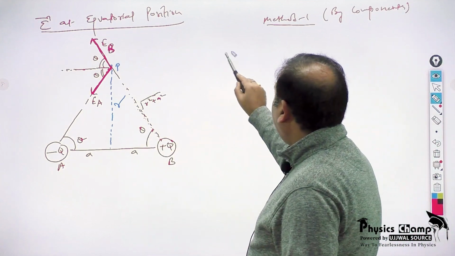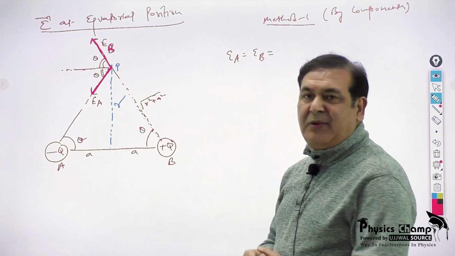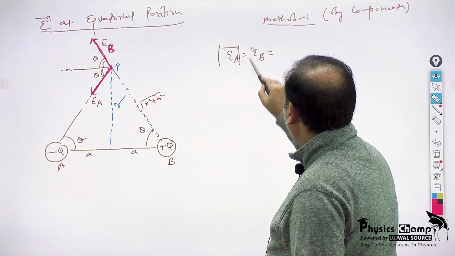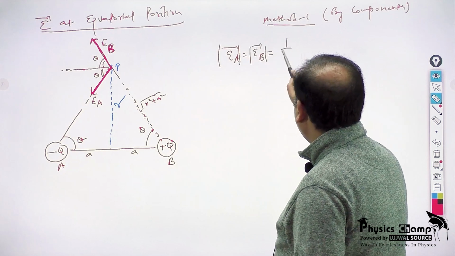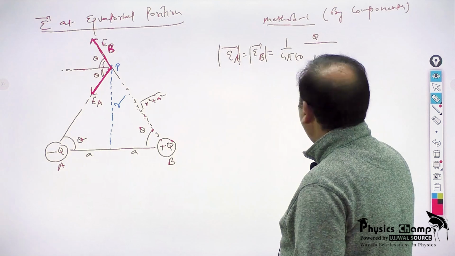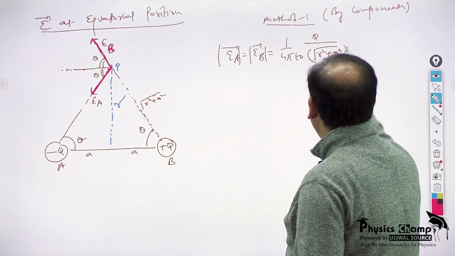So EA and EB will have the same magnitude, and the magnitude of EA or EB will be 1 by 4 pi epsilon naught q by root of r square plus a square, whole square.